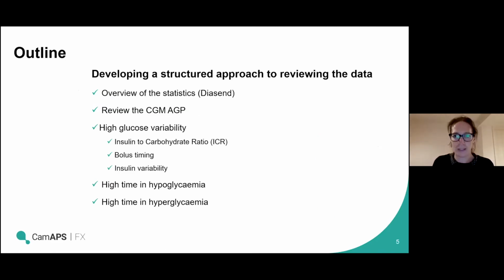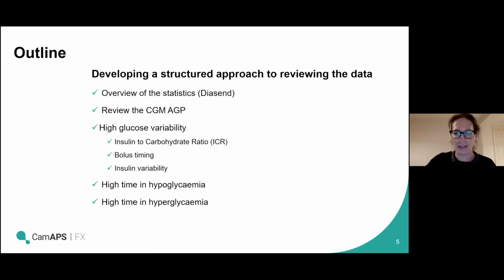With increasing use of glucose sensors, we've now got the ability to measure this thing called time in range. So over the next 20-30 minutes, we'll be looking at developing a structured approach to reviewing the data, looking at an overview of the statistics which you can see in Diasend, and hopefully we'll get you a bit more familiar with all the different options in Diasend, how to review the continuous glucose monitor or glucose sensor AGP, which is the ambulatory glucose profile.